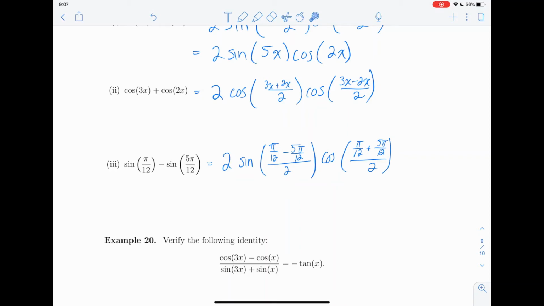And whereas pi over 12 is a non-standard trigonometric reference angle, observe that if I start simplifying what's inside the sine and the cosine, I'm actually getting what?